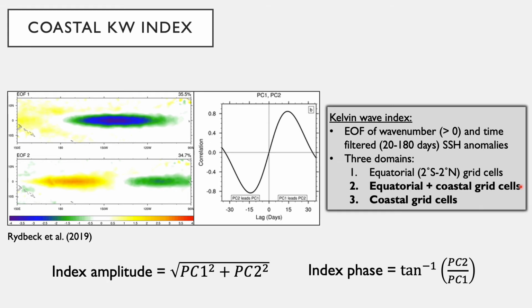The reason for that is because not all coastally trapped waves originate from the equatorial Pacific. Some of them are locally generated by random wind variability. So it's possible that different pairs of EOFs in different domains are going to have different amplitudes that represent different forms, or different flavors, of coastally trapped Kelvin waves. And we want to see if any one of these indices is representing the full spectrum of flavors of Kelvin waves that might be influencing the California current system.